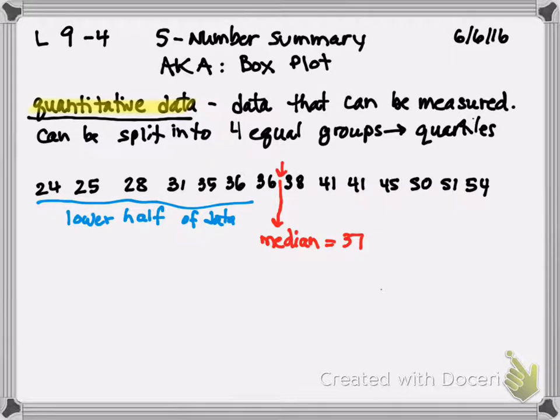The median of the lower half has a name.